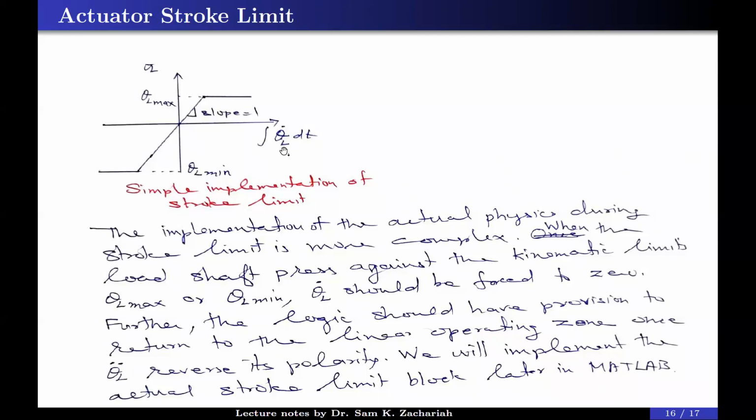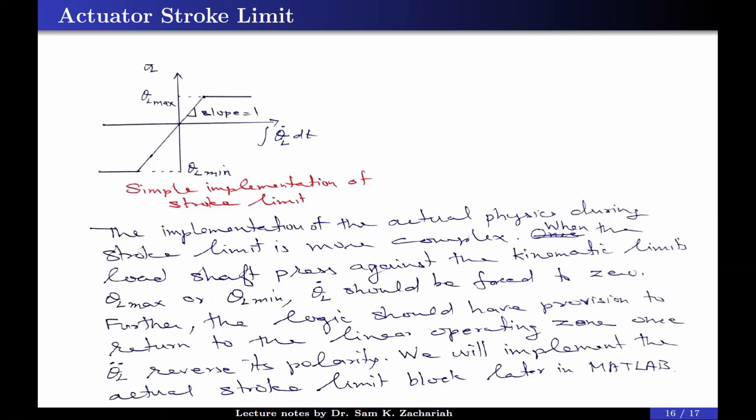How is it being forced towards zero? The applied force will neutralize against the impact surface reaction force, and there won't be any more accelerating force, and whatever kinetic energy comes from the finite value of theta L dot is absorbed in the impact surface, converted to heat energy or shock energy. That is all associated with impact dynamics.